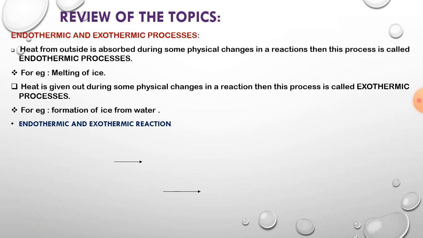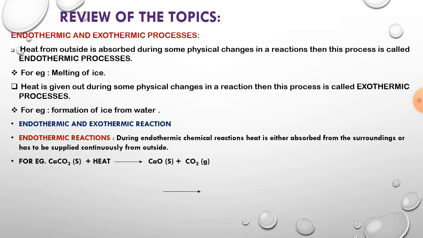Similarly, endothermic and exothermic reactions. Let's see what these terms mean. During endothermic reactions, heat is either absorbed from the surroundings or has to be supplied continuously from outside. So in endothermic reactions, remember heat is absorbed and the term heat is written on the reactant side.